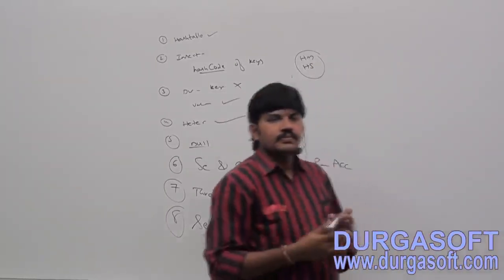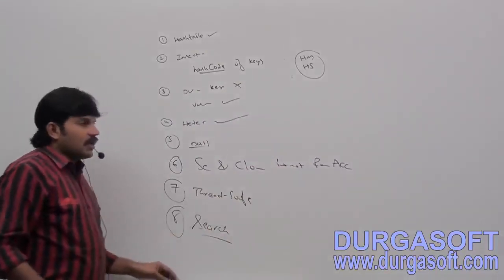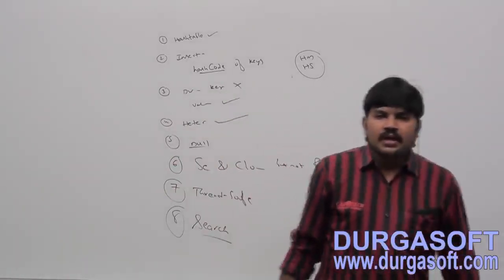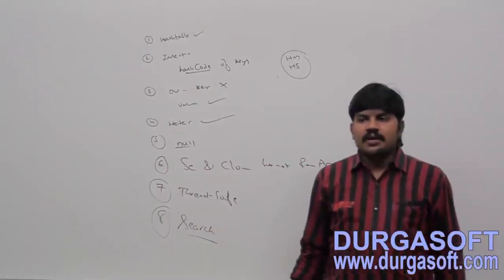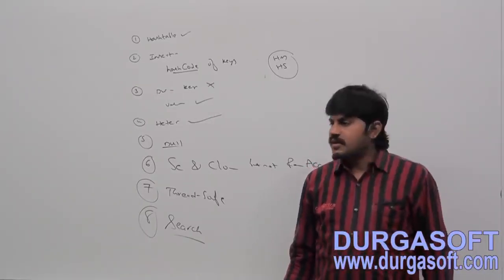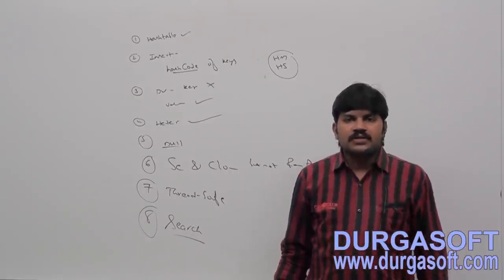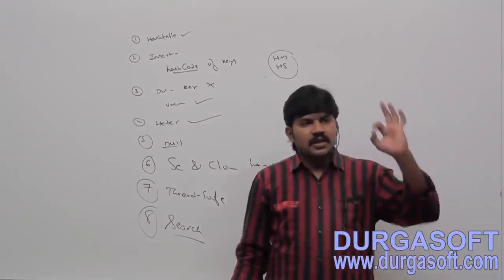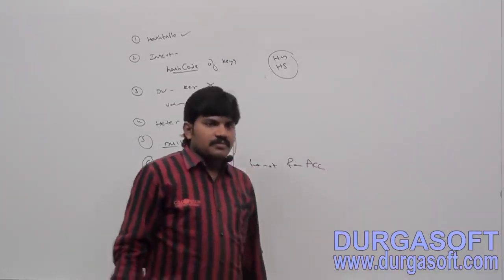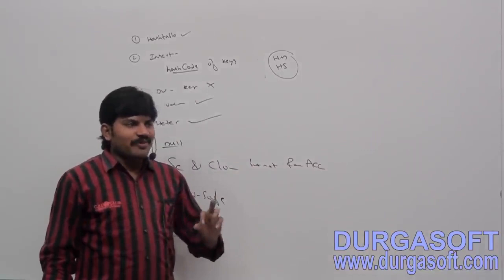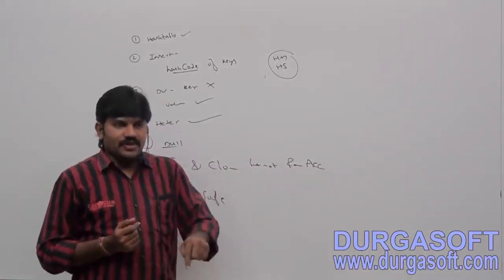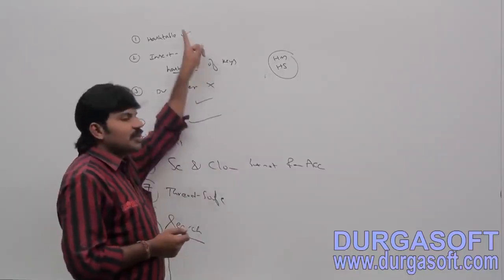Now at the first point, the underlying data structure for Hashtable is hash table. Observe the words: both are the same words. The underlying data structure for the Java class Hashtable is the hash table data structure only.